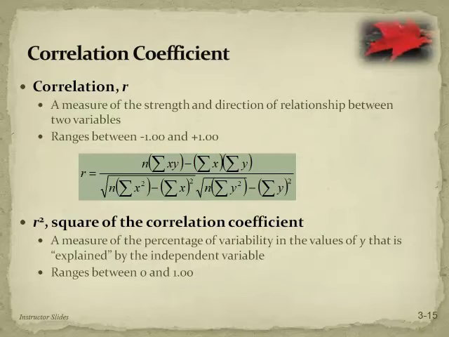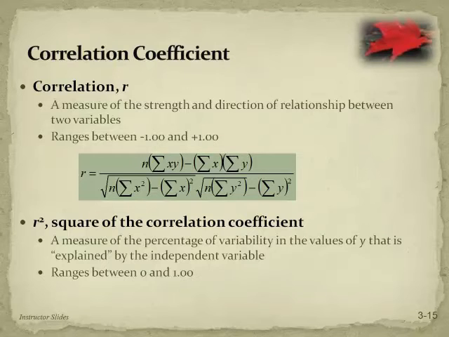So if one variable goes up by 10%, the other variable will also go up by the same amount, 10%. They're in lockstep. A correlation of -1 means that these two variables are inversely related to each other in lockstep, but in the reverse direction.